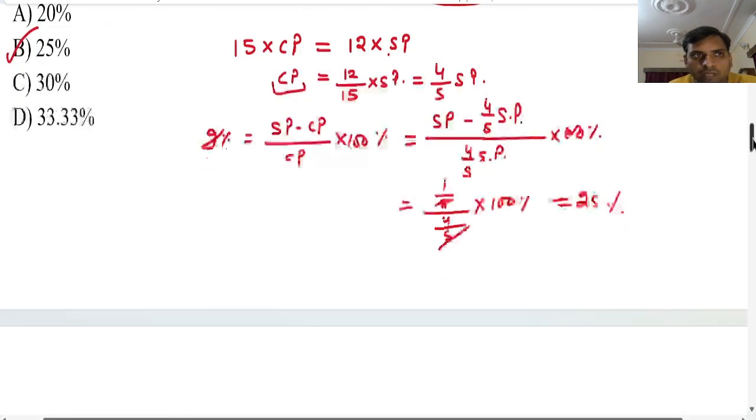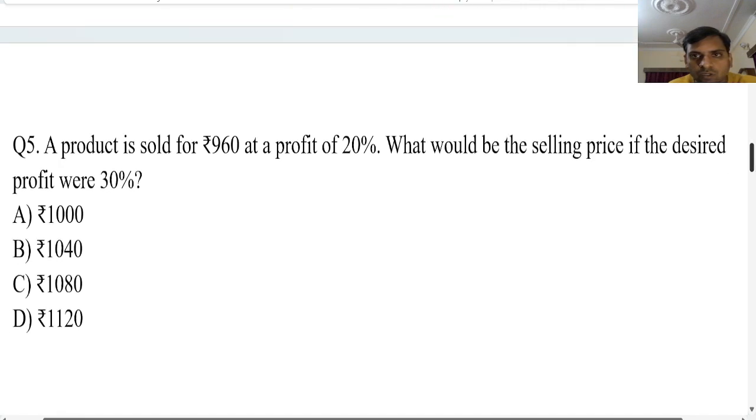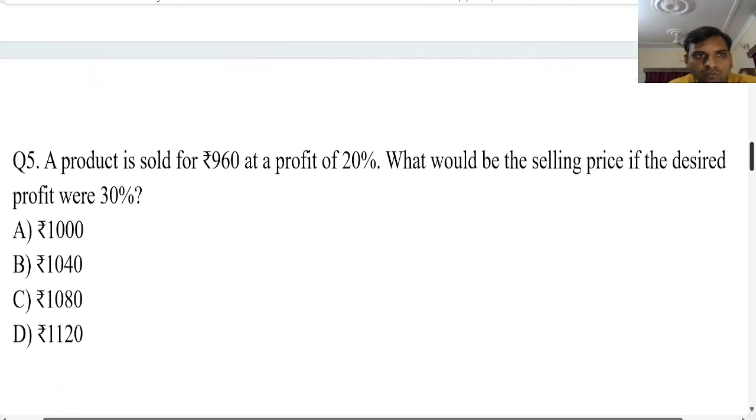Now next, question number 5. A product is sold for rupees 960 at a profit of 20%. What would be the selling price if the desired profit were 30%? In this case, you need to first find the cost price. Selling price is 960, profit percent 20.